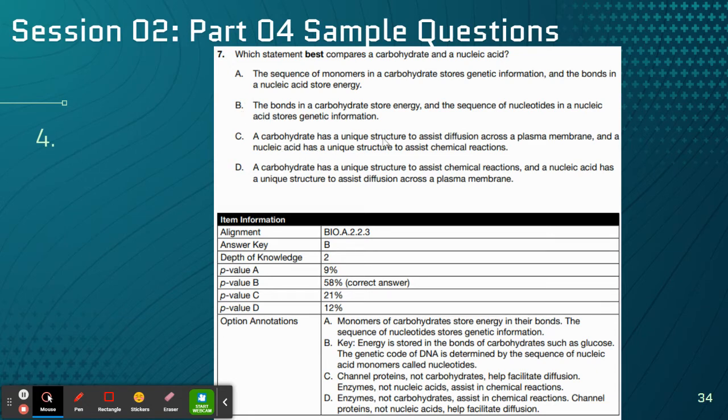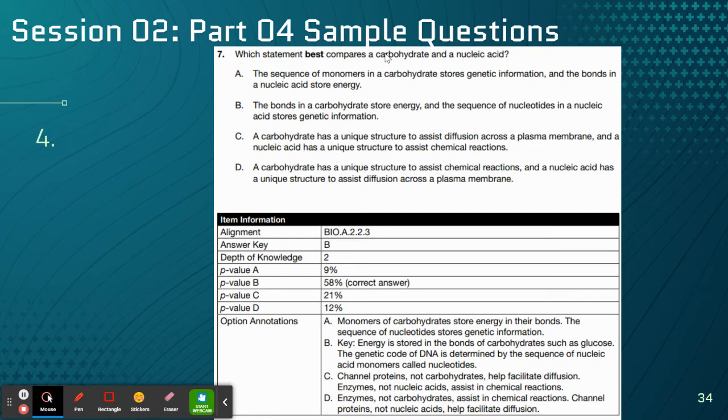A carbohydrate has a unique structure to assist diffusion across a plasma membrane. I think what they're thinking about here is protein channels, not carbohydrates, help move materials across the membrane. And then a nucleic acid has a unique structure to assist in chemical reactions. And I think what they're talking about there is enzymes.